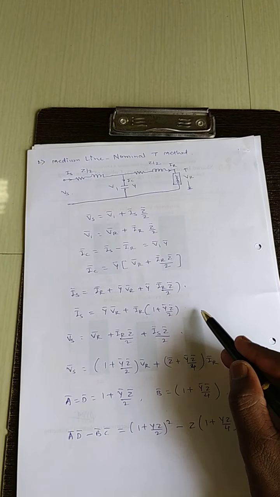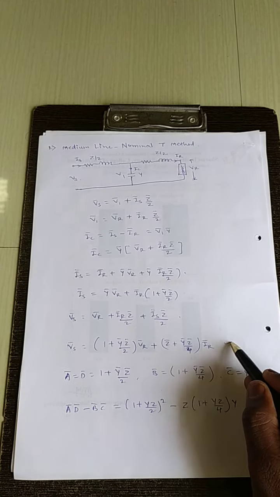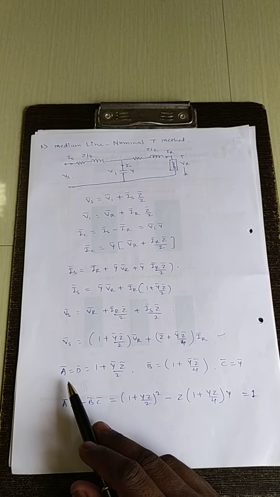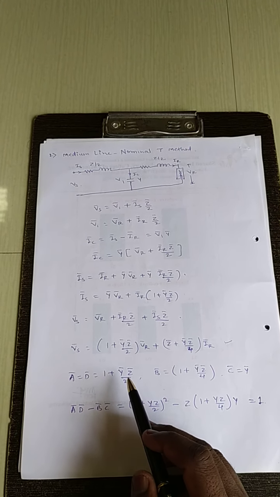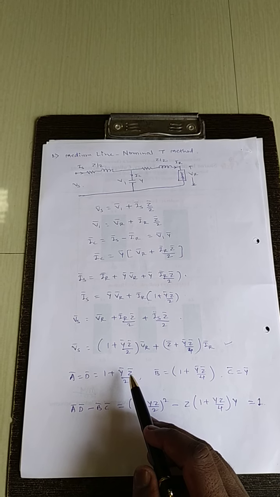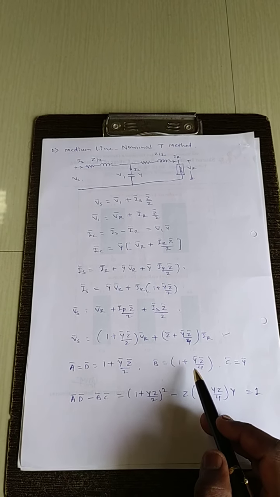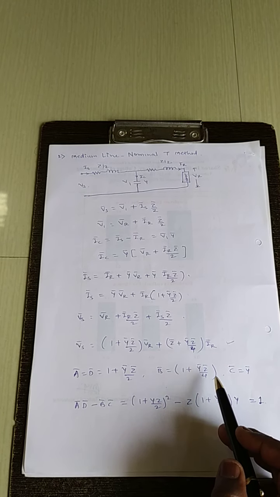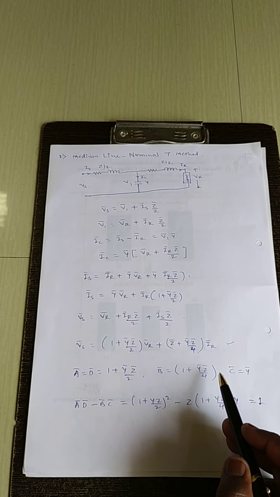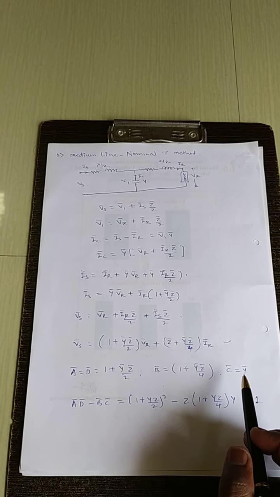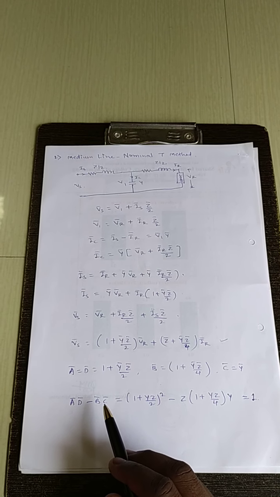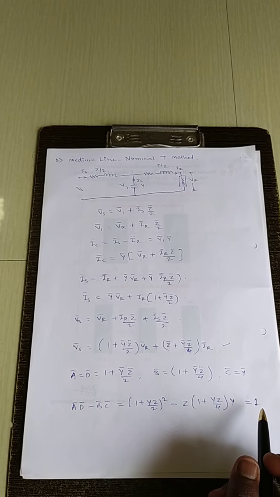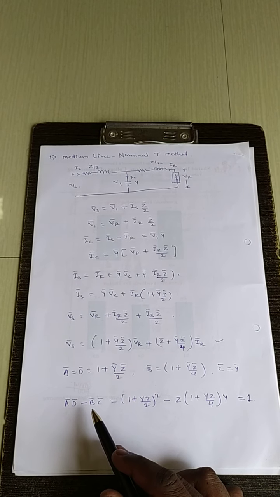Comparing this equation and the current equation with the standard, we get vector A is equal to vector D is equal to 1 plus vector Y into vector Z divided by 2. Then B is equal to Z times 1 plus YZ divided by 4. Then C is equal to vector Y. Then A into D minus B into C is equal to 1, by keeping the values of A, D, B and C.